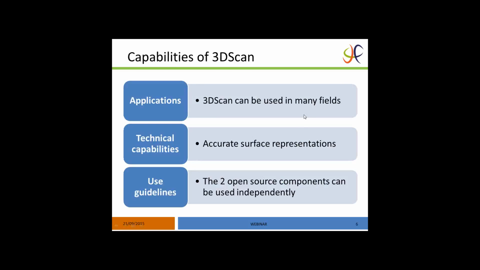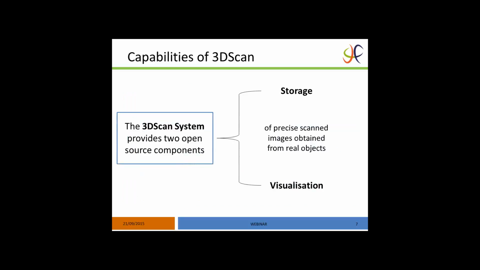So the capabilities of our 3D scan, more precisely, are to obtain accurate surface representations, as I said, and the 3D scan specific enabler is based on two different open source components that can be used independently. These open source components are the storage module, which allows us to store some parts, and the visualization module, which allows us to visualize what we are actually scanning.